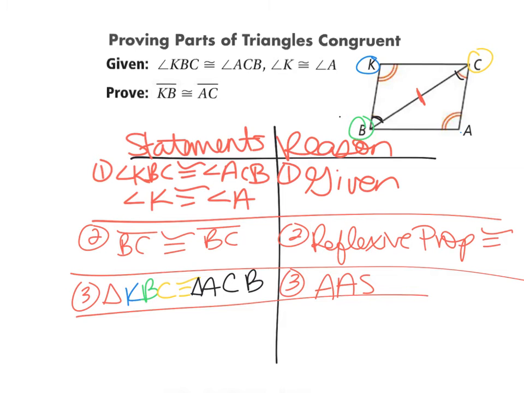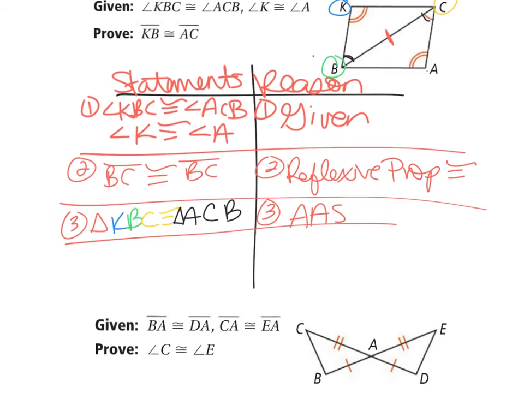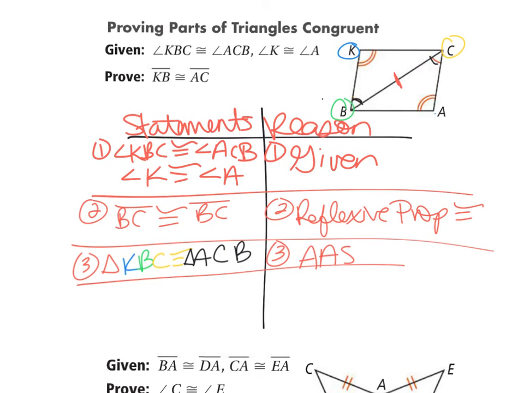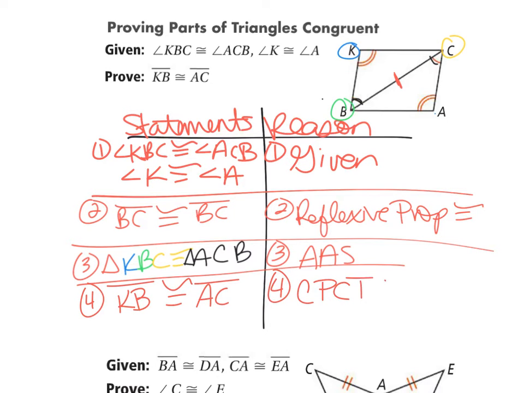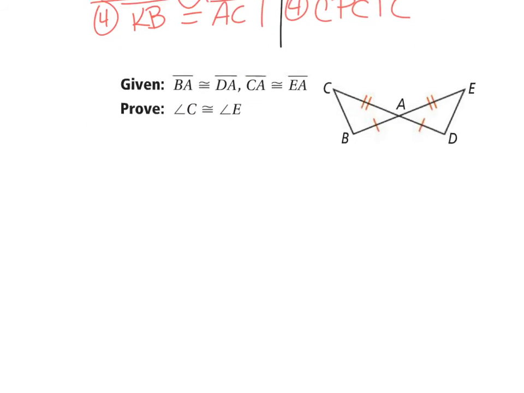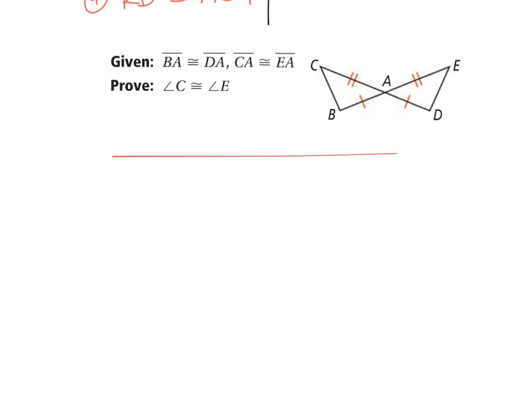So now we prove that the triangles are congruent. Sweet. So we can say that those two segments are congruent. So last step, KB is congruent to AC. What did I say your reason is going to be? Do you remember what we wrote down? CPCTC, congruent parts of congruent triangles are congruent. Okay, one down, three to go.